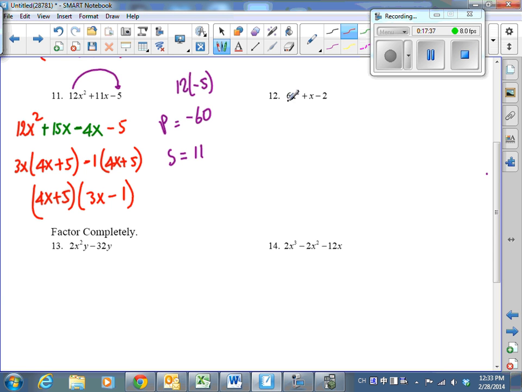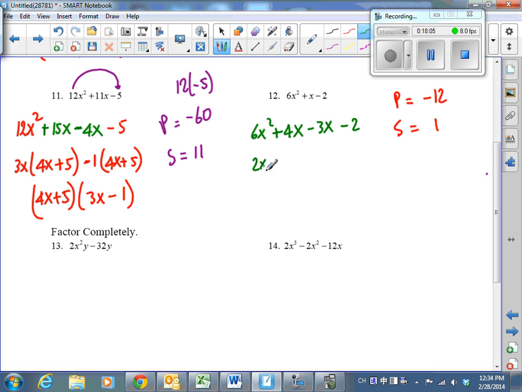Let's do this in our head without a calculator. What's the product? -12. What's the sum? 1. What are those two numbers? 4 and -3, because you want the sum to be positive. So you will rewrite it as 6x squared plus 4x minus 3x minus 2.